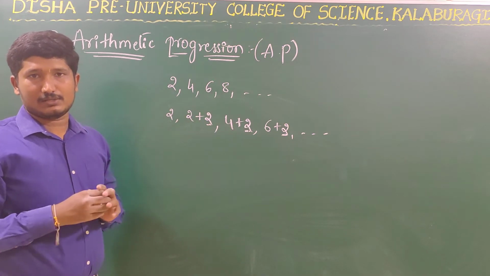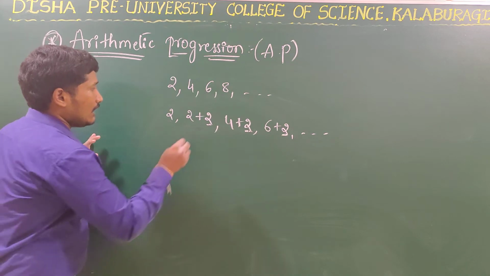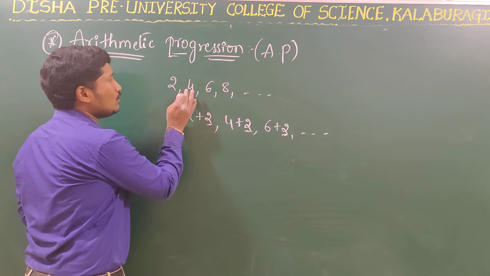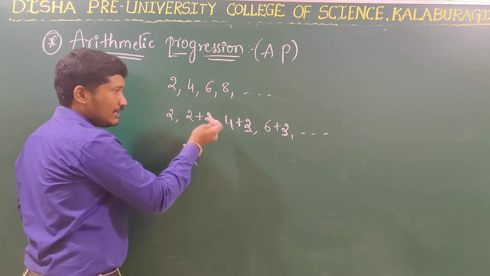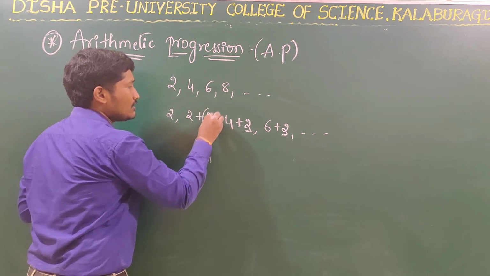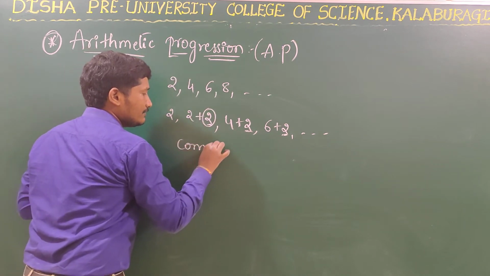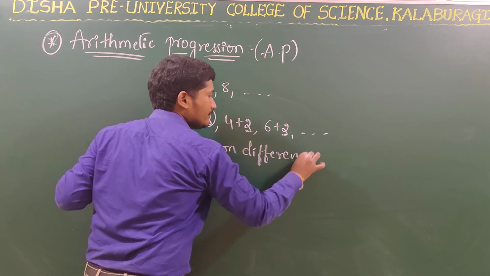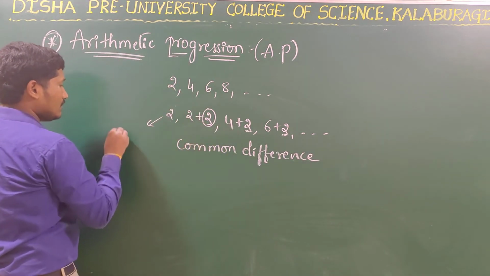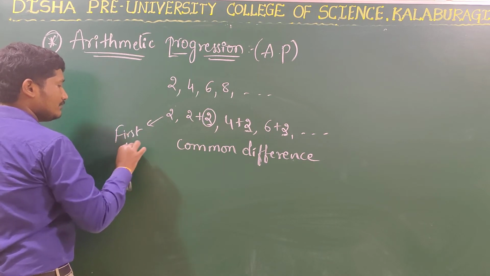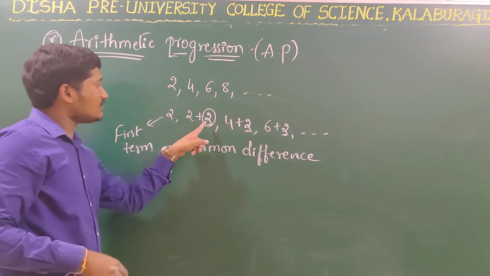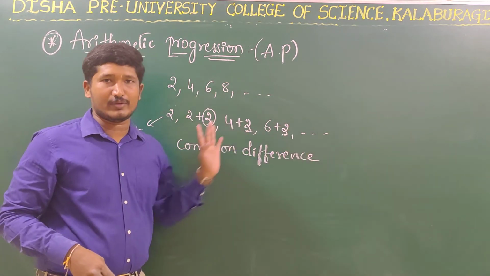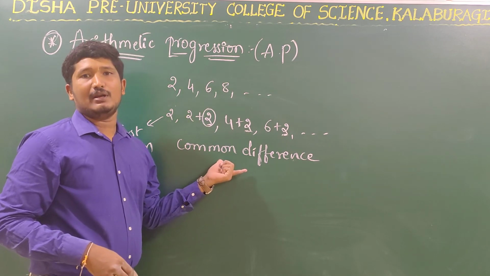I hope you understand this, right? This constant term which we are adding to the previous term to obtain the next term is called as what? Common difference. So this is the first term, and the fixed number which we add to get each term of the sequence is called common difference.